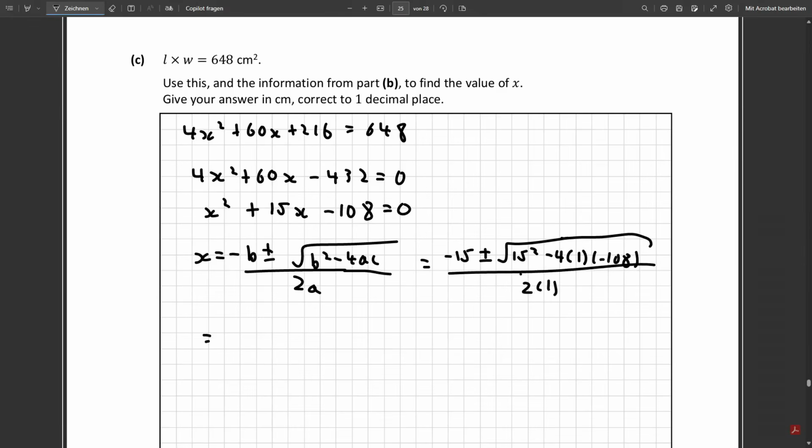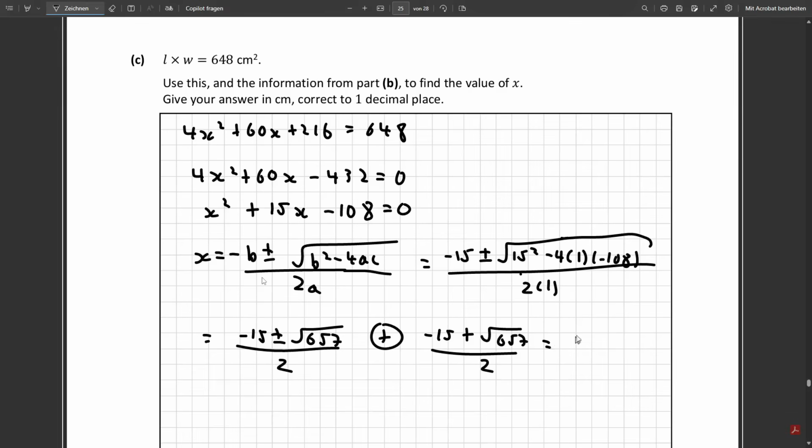So when you simplify that, you'll get minus 15 plus or minus the square root of 657, all over 2. The square root of 657, I'm guessing, doesn't simplify. Nope. So for the plus answer, we just do minus 15 plus root 657 over 2.